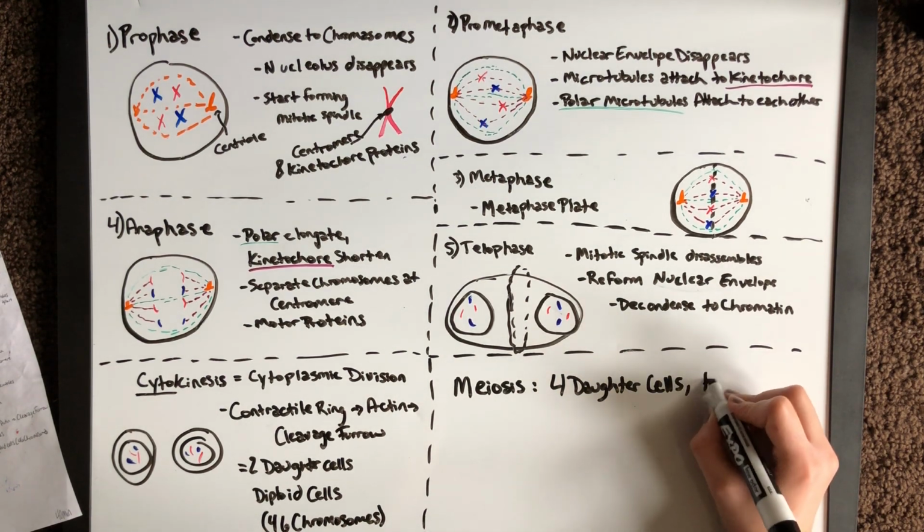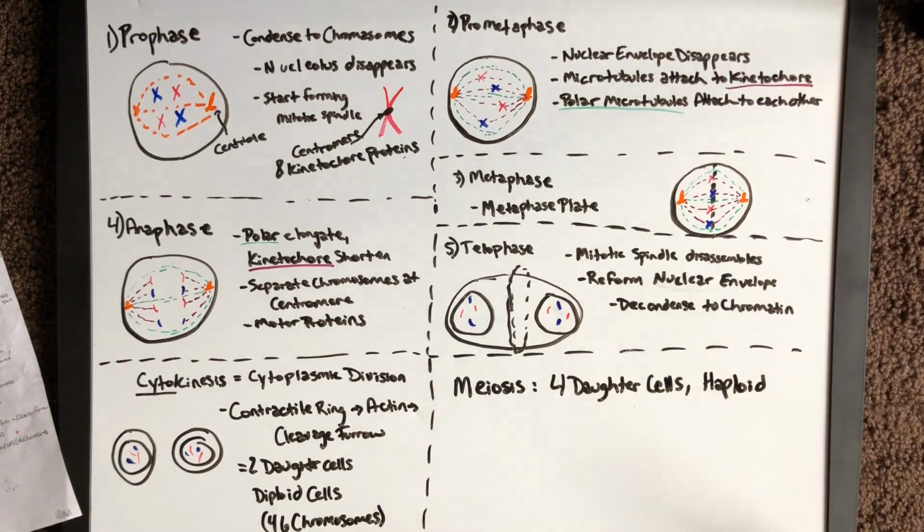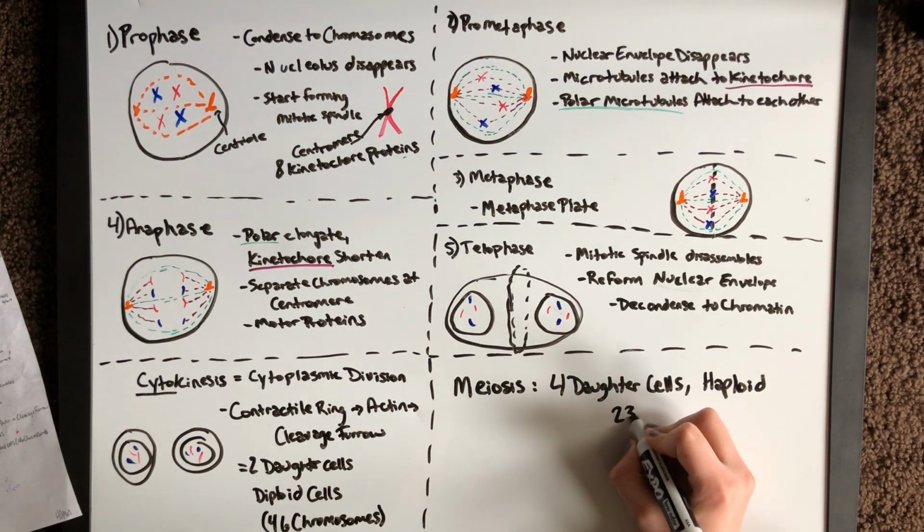Which are haploid. So they're going to have half the amount of chromosomes that our diploid cells have. So they're going to have 23 chromosomes.